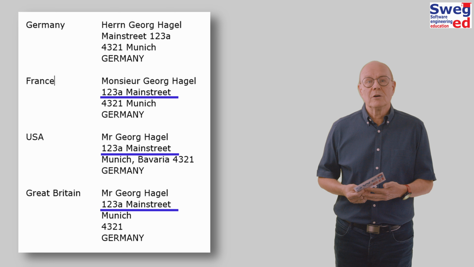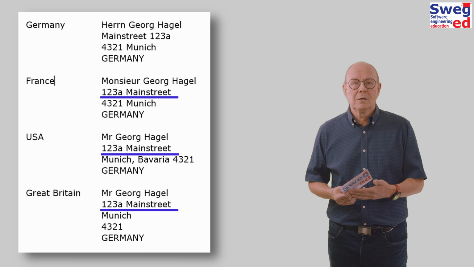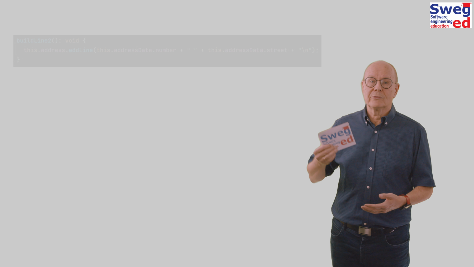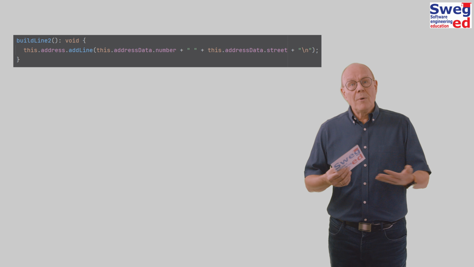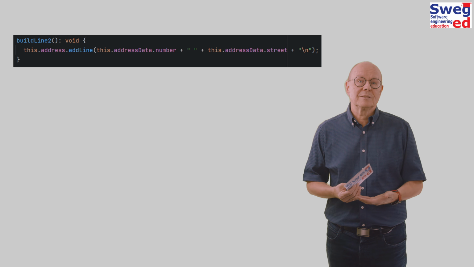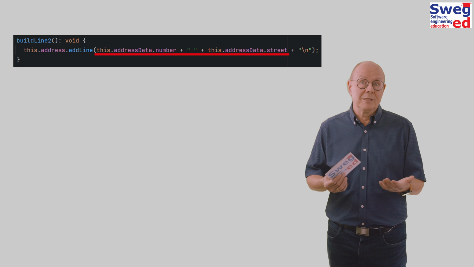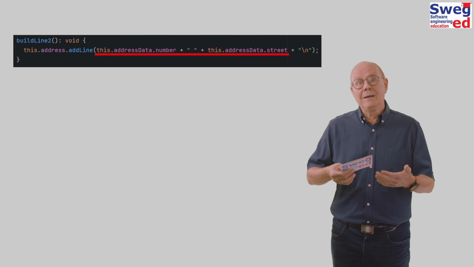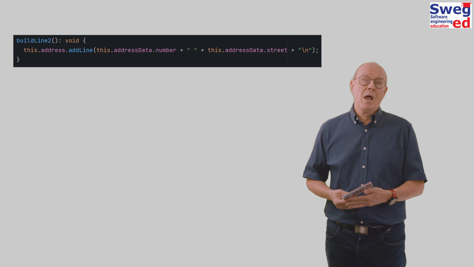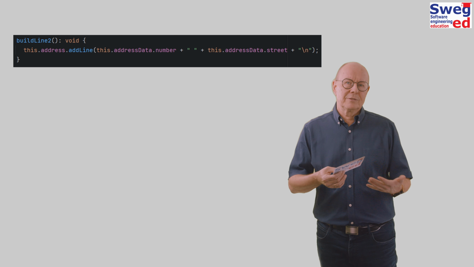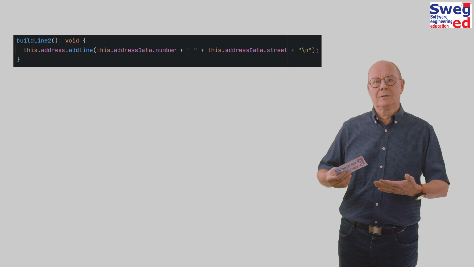The implementation of the method buildLine2 of the address builder class now looks as follows. For most addresses, line 2 is house number, then street, except in Germany, where it's street, then house number. Only in the German formatting we have first the street and then the house number.